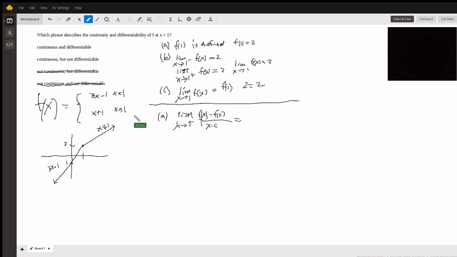So let's just plug in here from the left, because we're coming from the left, so it's going to be 3x minus 1, and then the limit, of course, and then minus f of 1, which is going to be 2, over x minus... oh, sorry, I don't know why I wrote a 2 there.